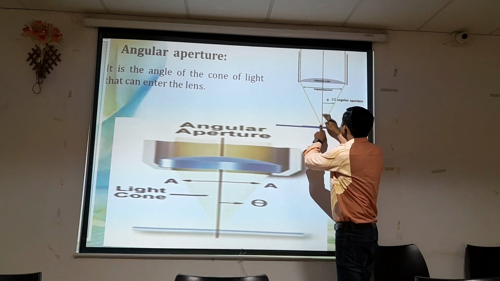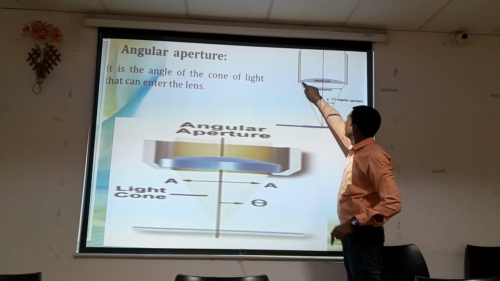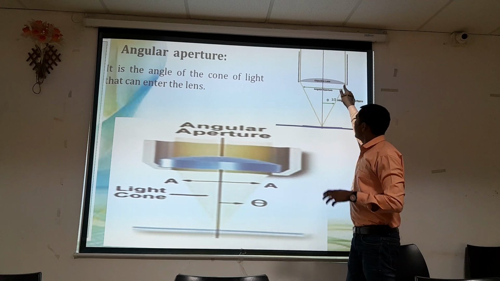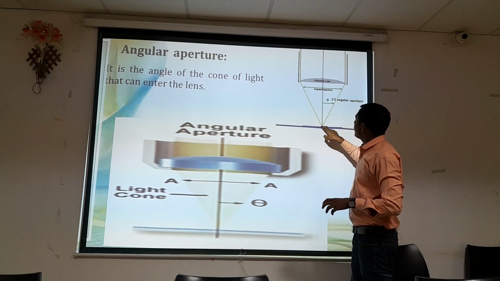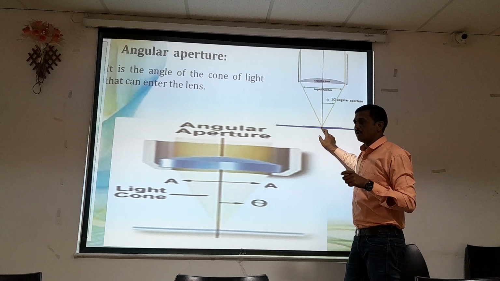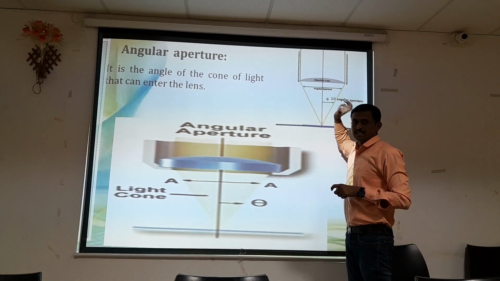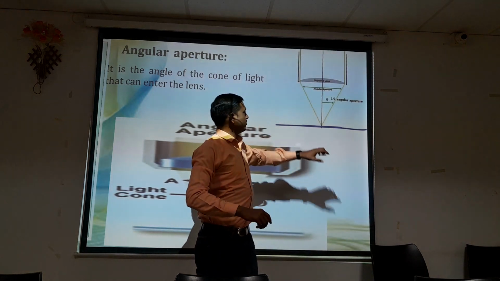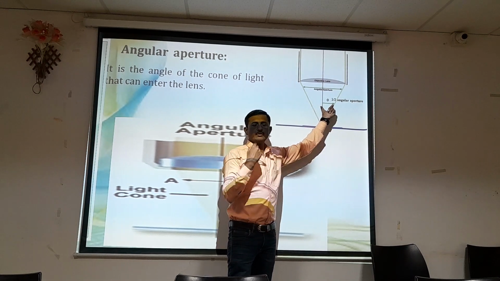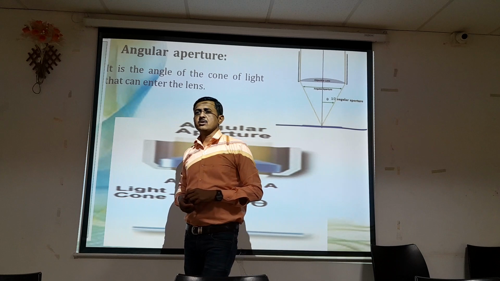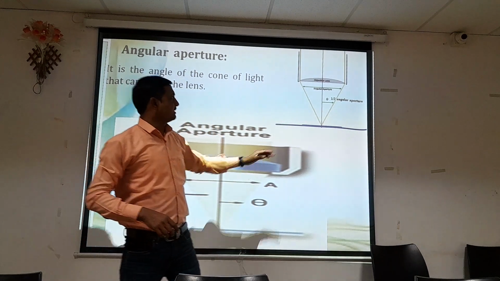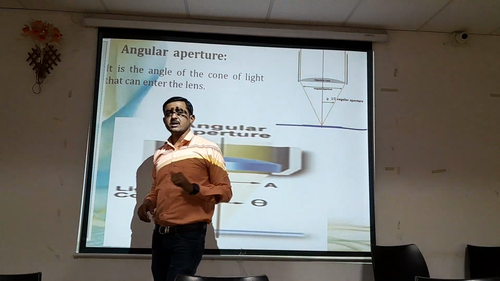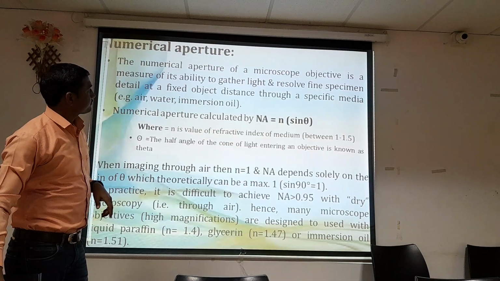As the light enters the objective lens, the complete angle which is formed is the angle of the light cone, and we use only half of the cone of light entering the objective lens, and that half angle is theta. It is the value we use in calculating numerical aperture, and it is half the value of that cone of light. So it is nothing but the numerical aperture.